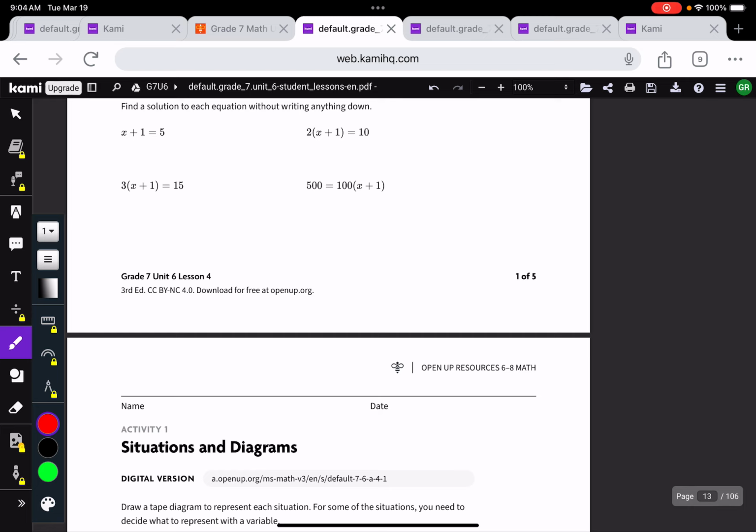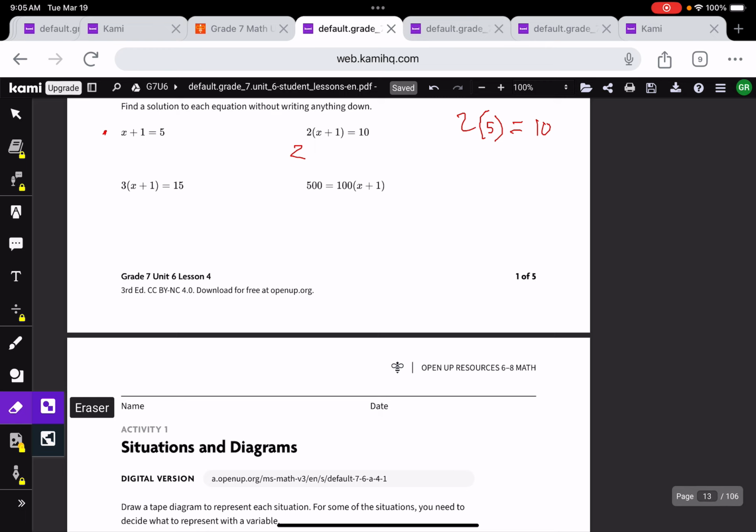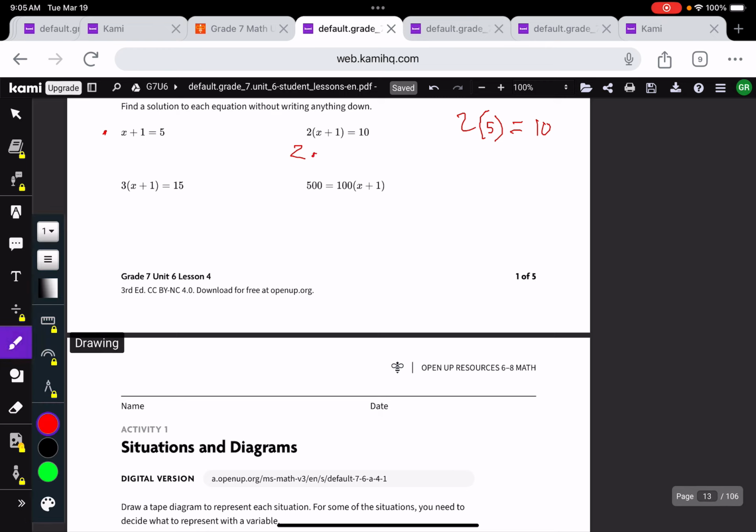So I think you can do this one, so go ahead and do that. And this one, if you remember from yesterday, if I have a parentheses, for example, 2 parentheses 5, that means 2 times 5, which is 10. So this is kind of like saying 2 times something equals 10.